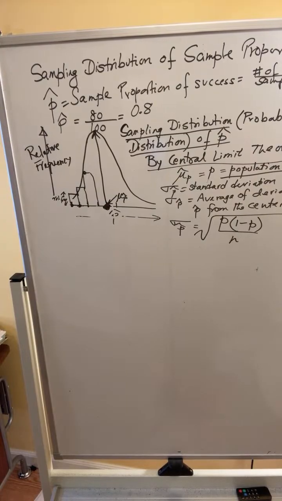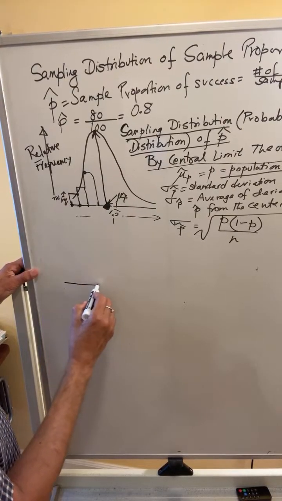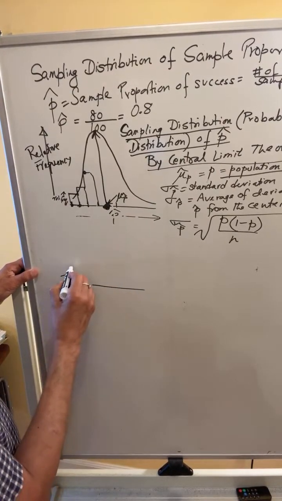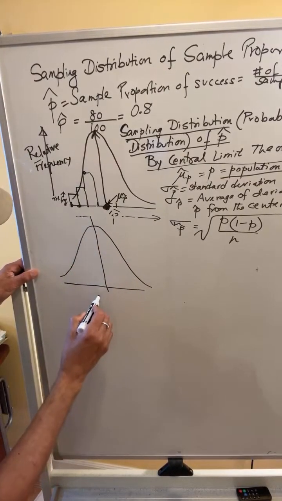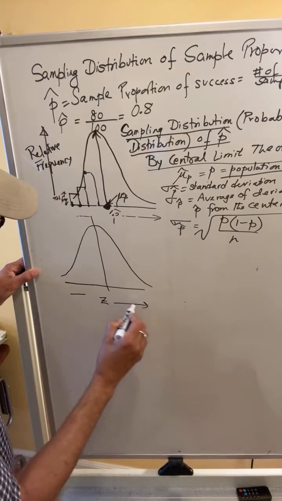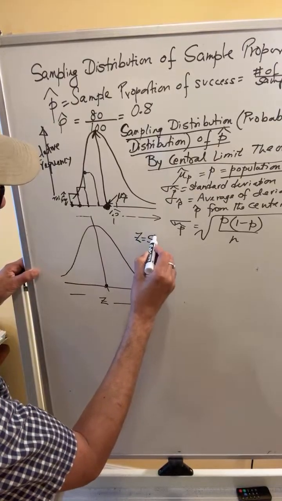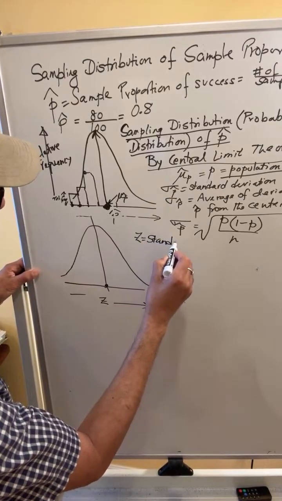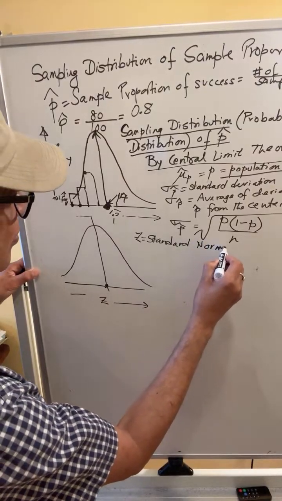But before I do that, let me draw you the standard normal curve. This is my standard normal curve. That means it is a Z. Remember, Z is the standard normal variable.